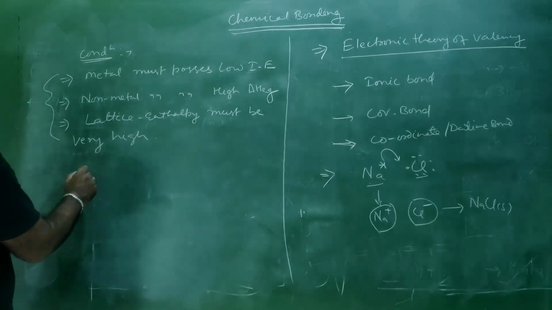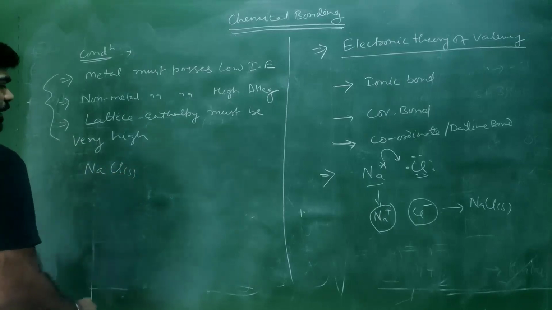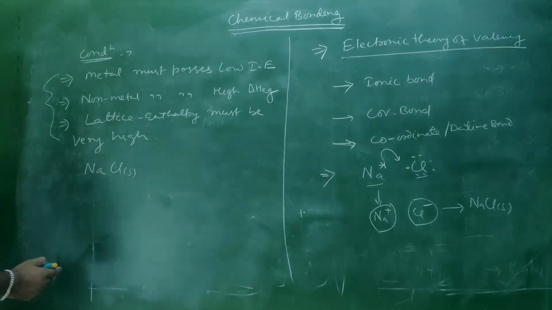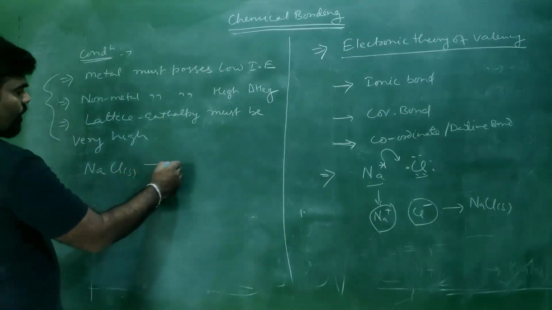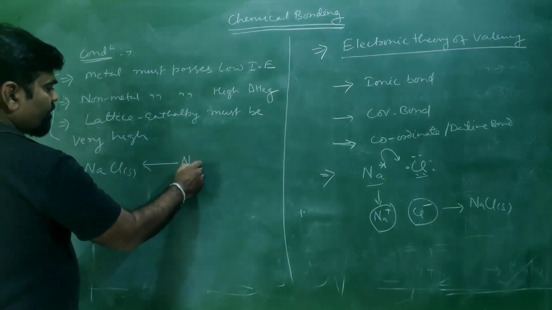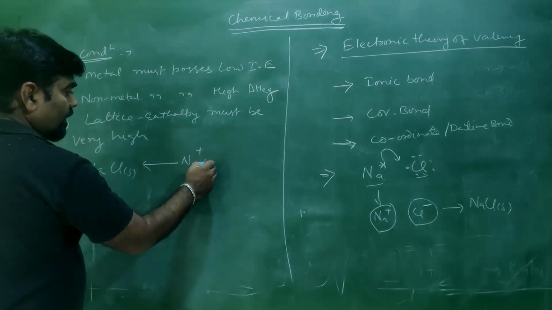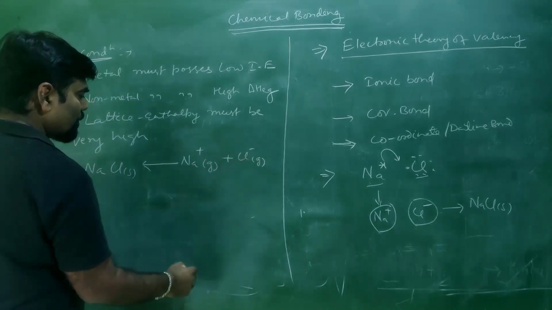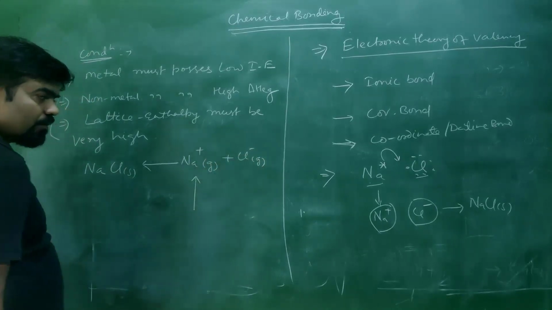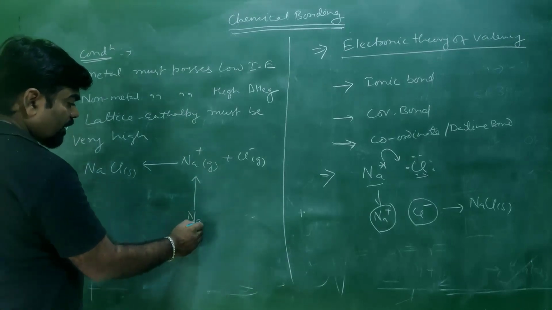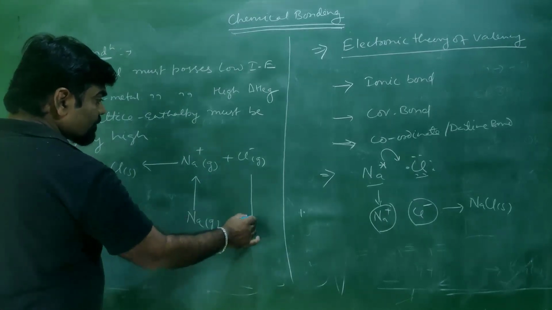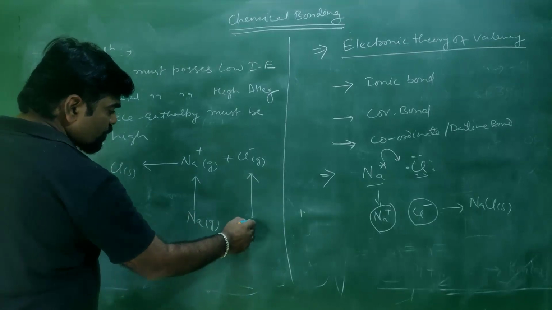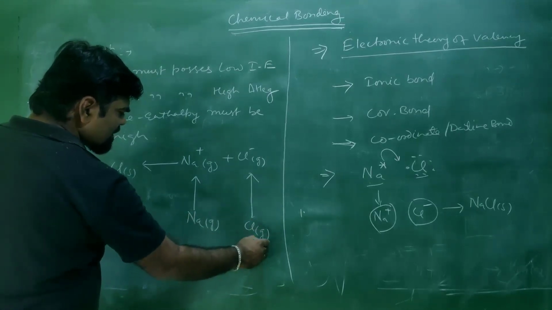Suppose there is NaCl we need to form. For the formation of the solid crystal lattice structure, we must have Na plus gaseous and Cl minus gaseous ions. Na plus gaseous ion must be produced from Na gaseous atom, and Cl minus gaseous ion must be produced from Cl gaseous atom.